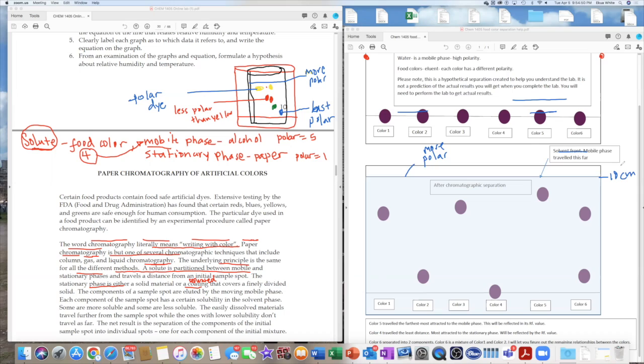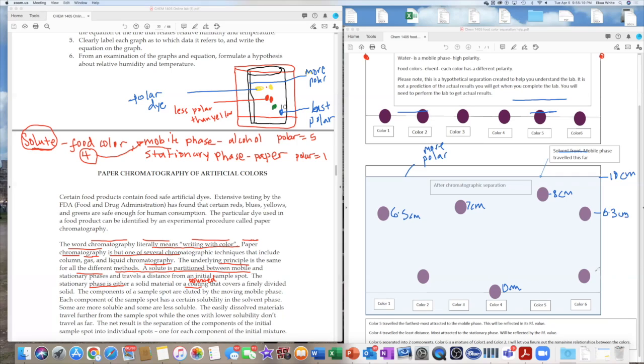I'm just giving it a made up number. And let's say this one here has traveled 8 centimeters. Then I have 7 centimeters. Then here I have 6.3 centimeters. Here is 6.5 centimeters. This one didn't travel at all, 0 centimeters.